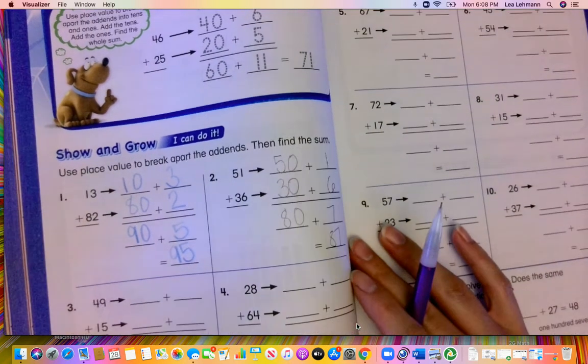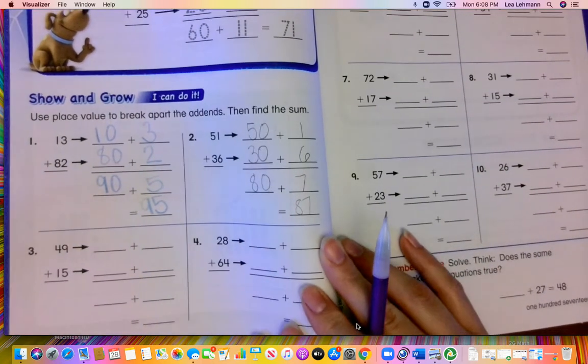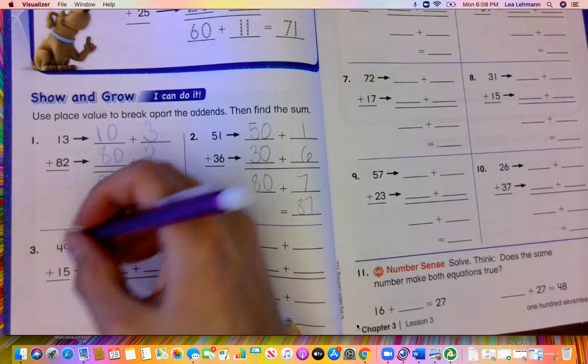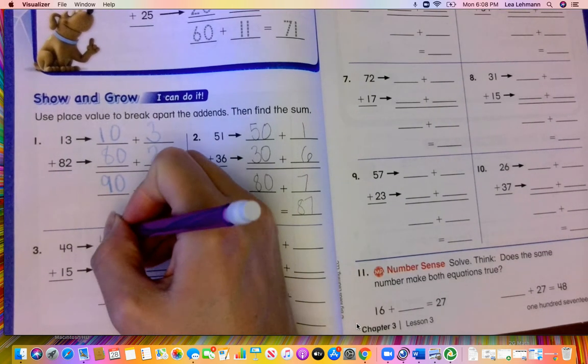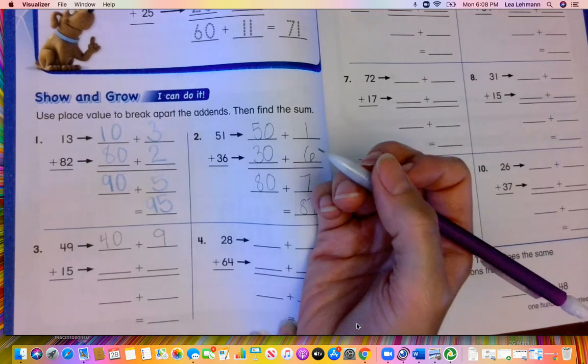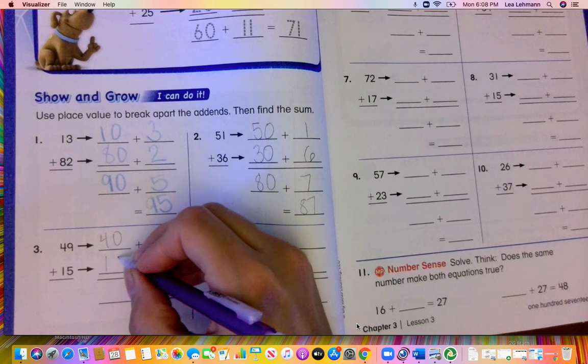Okay, let's do number 3 together. Okay. All right, 49 plus 15. Tens and ones. All right, so we have 40. And then we have the ones, 9. 15, we have our tens, which is a 10.